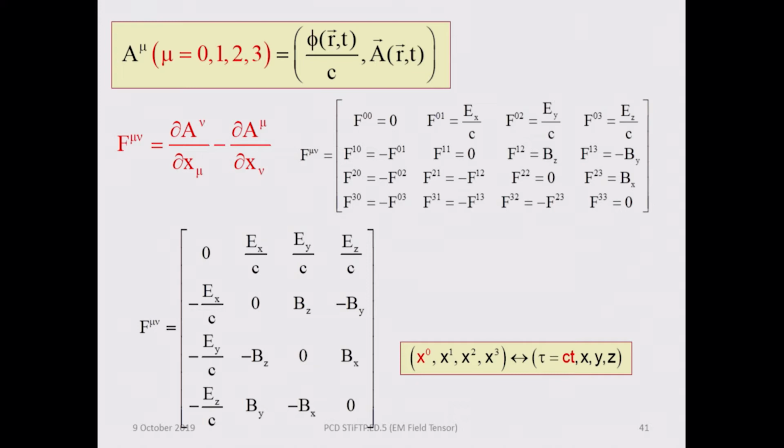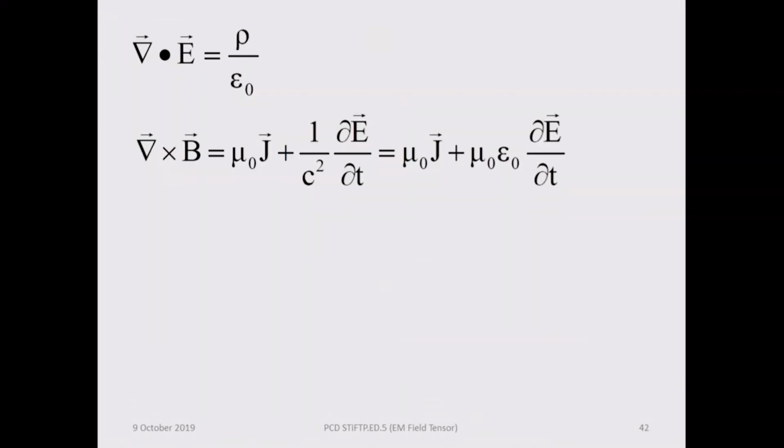So, the first row has got Ex over c, Ey over c, Ez over c. Then you have minus Ex over c because it is antisymmetric. The diagonal element, second row, second column, is 0, and then in the off diagonal you have Bz and minus By. Okay. And that is how you generate the electromagnetic field tensor.